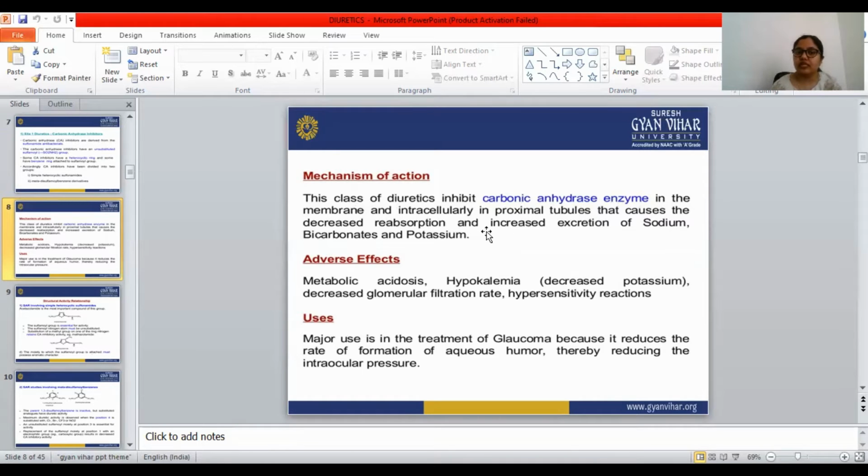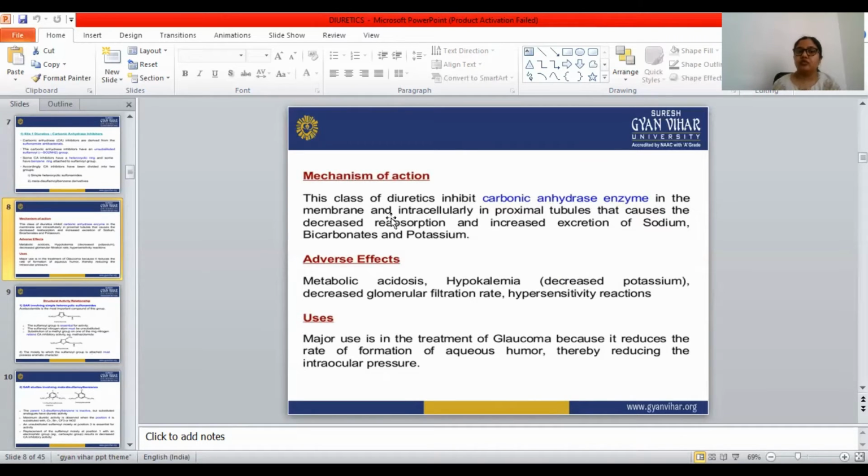That causes decreased reabsorption and increased excretion of sodium bicarbonate and potassium when this enzyme is inhibited by the carbonic anhydrase inhibitor drugs.